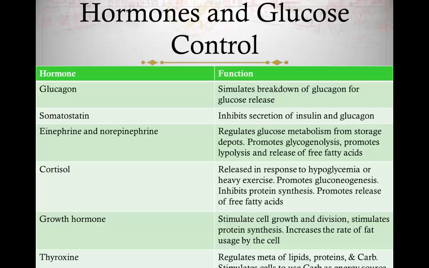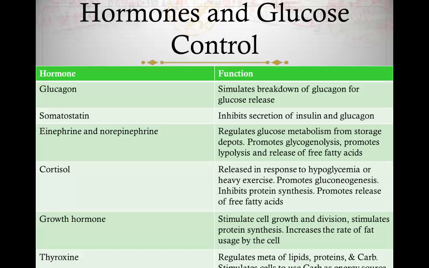Other hormones that participate in the metabolism of glucose are glucagon in the presence of hypoglycemia, which stimulates the breakdown of glucose, producing new sources of glucose by gluconeogenesis and glycogenolysis. Somatostatin inhibits secretion of insulin and glucagon.